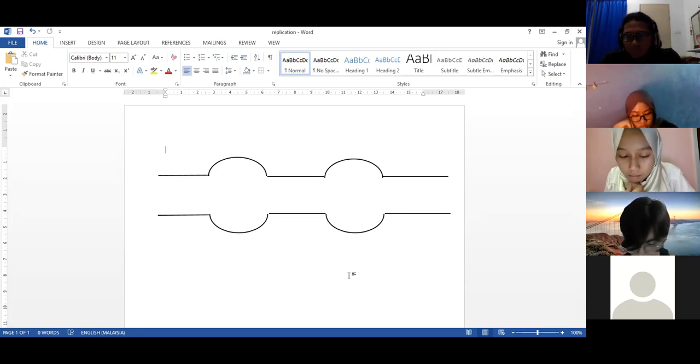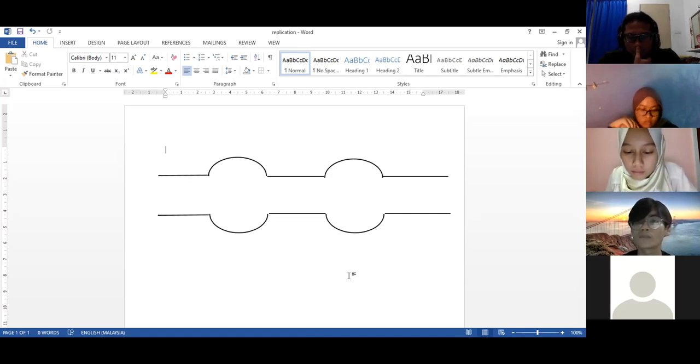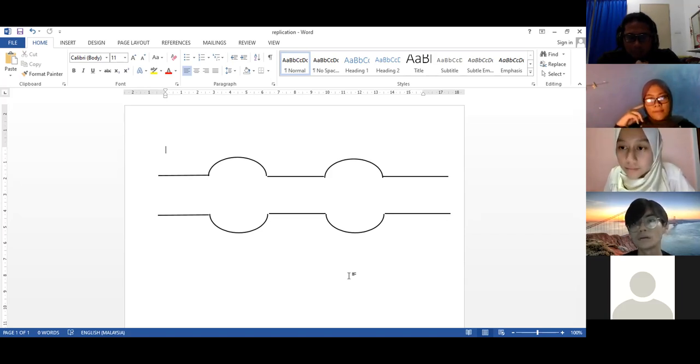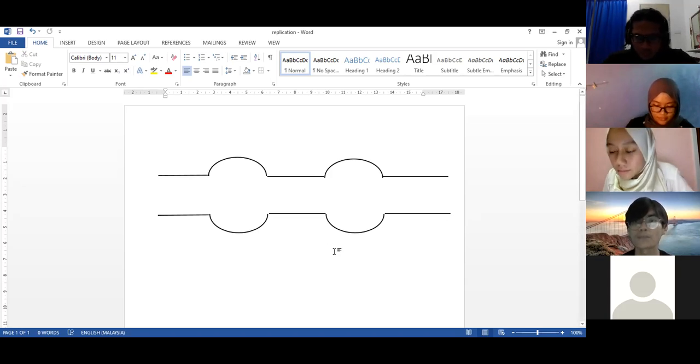I think we have to label, but not in too much detail, because the question says to illustrate. That means we have to explain briefly. Yes, I agree, so my answer should have labeling.